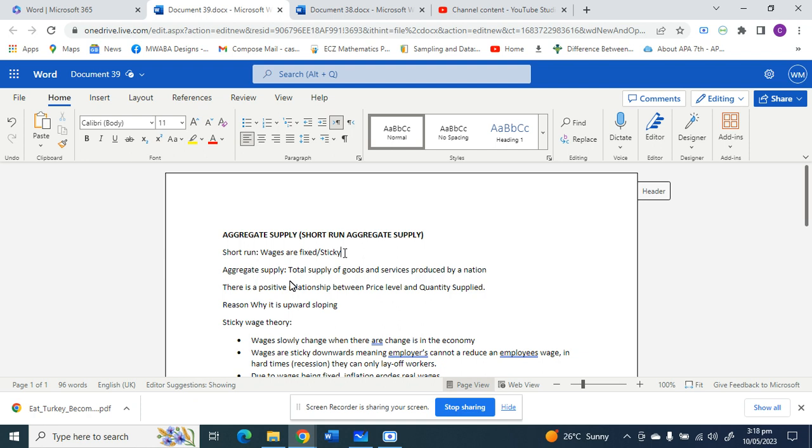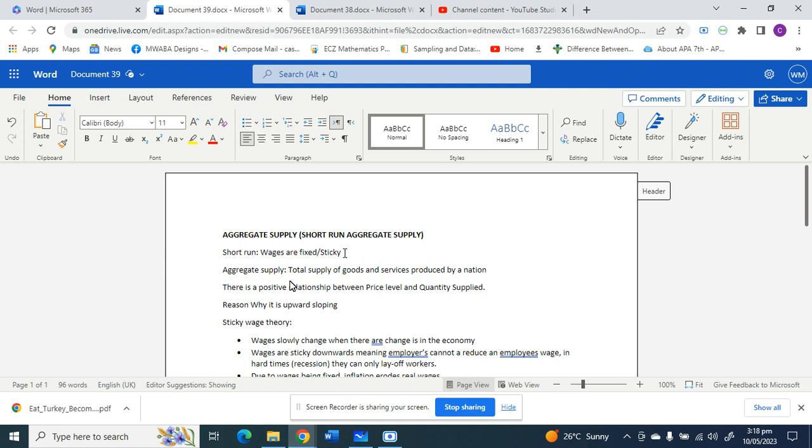All you have to remember is there is a positive relationship between the price level of various goods and services, because remember, this is macroeconomics, not micro, where it was just the price level of one good, and the quantity supplied of various goods. So there's a positive relationship between price level and quantity supplied.